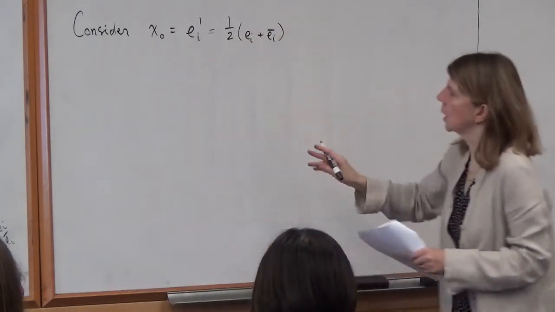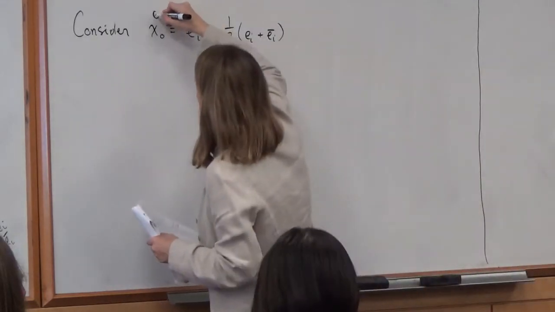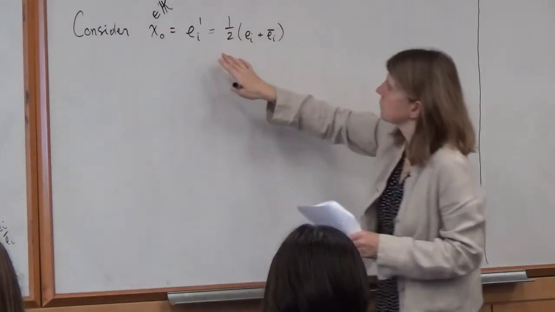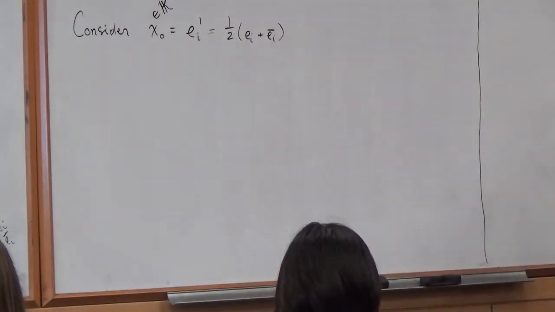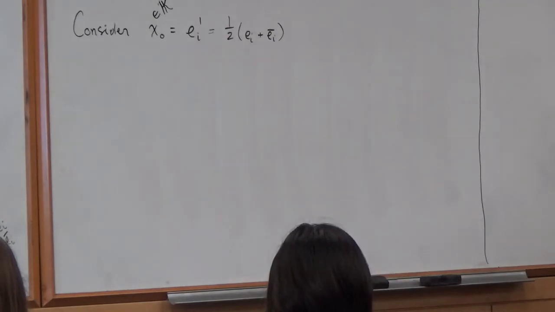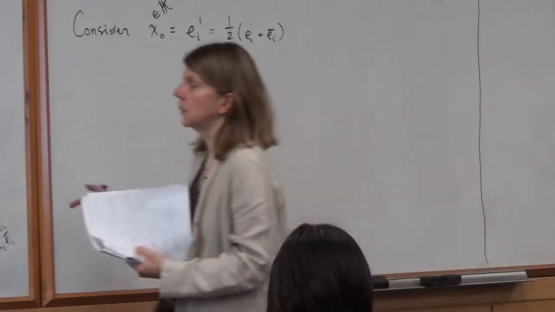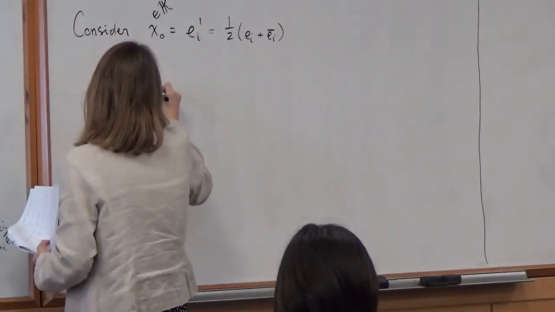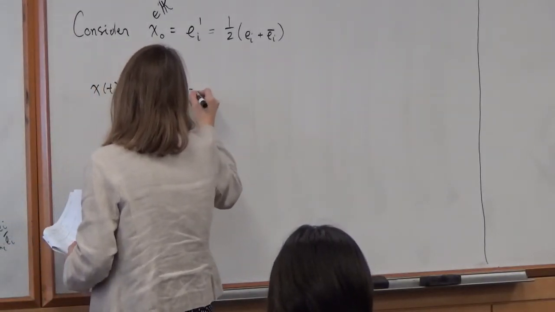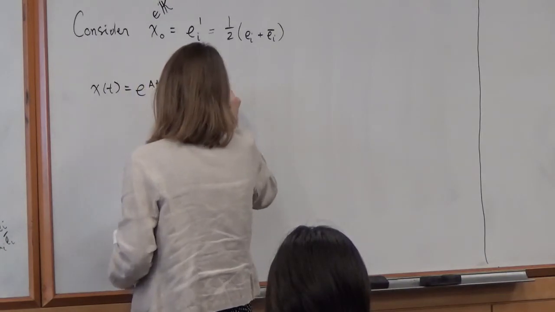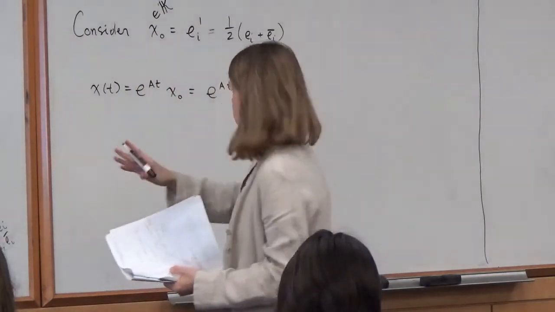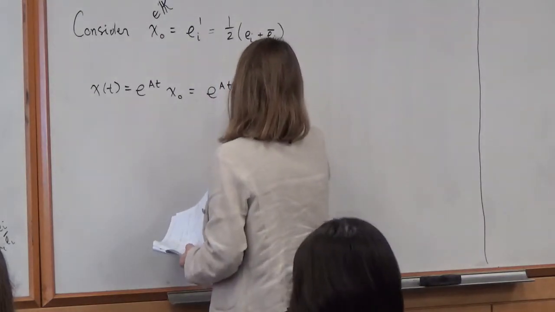Okay, so I'm starting off with a real initial state, which I want, which is a linear combination of the two eigenvectors. And now we just do the same thing. We know that the solution x of t is equal to e to the At x0. I could have had a constant like I did over there, but for some reason here we didn't put that in.